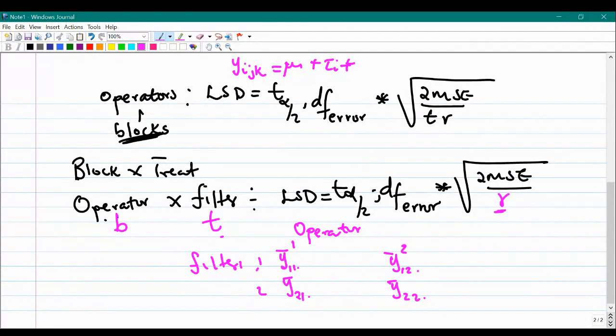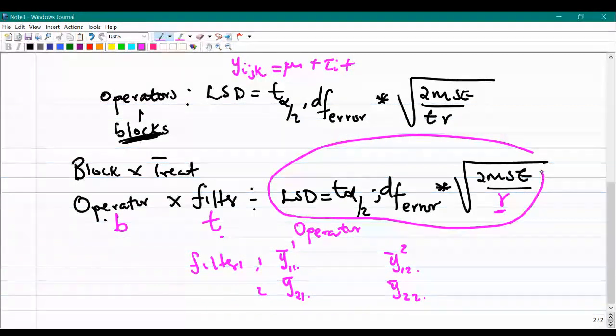The only part that I think you needed me to explain was the formula part, this part here. Whatever you have, you divide with R when you want to find the blocks by treatment interaction effect.